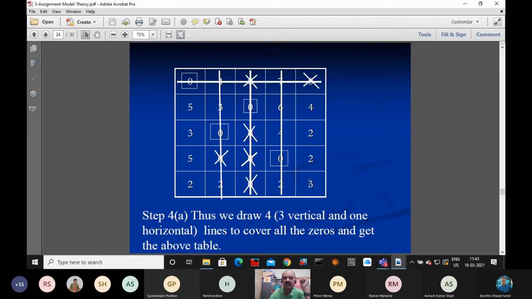So where is the crossing? This is a zero crossing, and this is a non-zero crossing. There are 2 non-zero crossings and 1 zero crossing. Wherever the vertical and horizontal lines cross, that amount is to be added there.